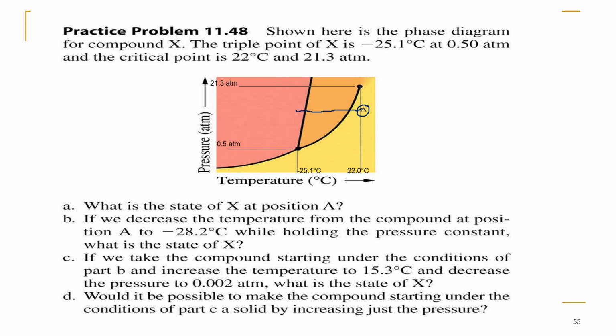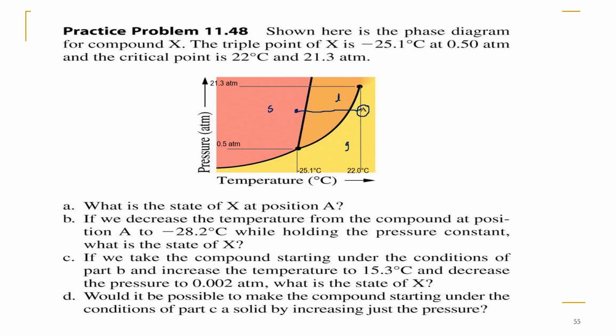So it's somewhere around here. I'm holding pressure constant, so that's supposed to be a straight line. Here's my gas, my liquid and my solid. So now it should be a solid. So the state of X in part B should be a solid.